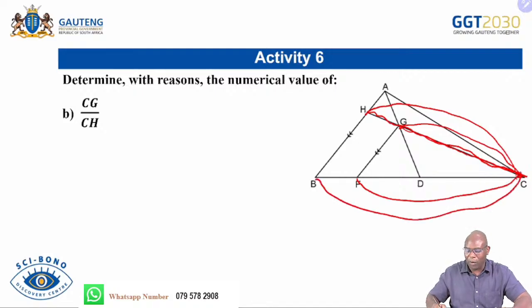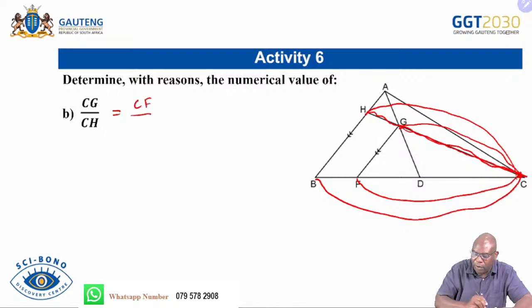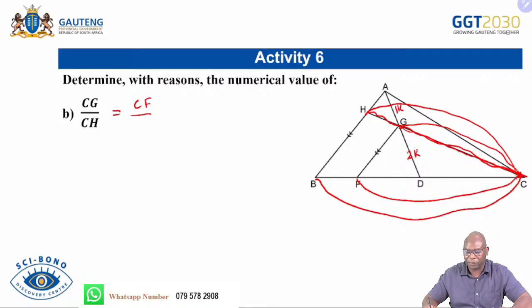So now I'll have that ratio, meaning CG over CH is CF over BC. Remember here, for AG I've got 1K and here I've got 2K. I already have this one as 1K and this one as 2K from the previous question. So it's CF over BC.